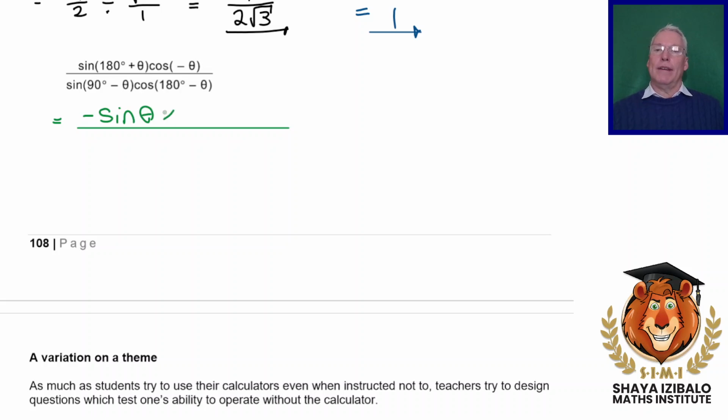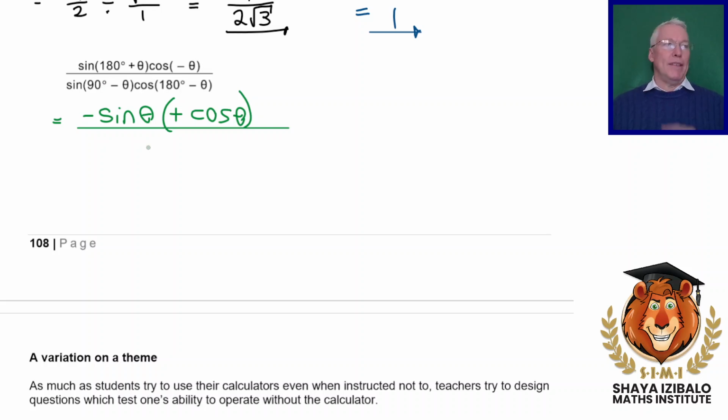Cos of negative theta, I just want to show you something here. Cos of negative theta is positive cos theta. I don't want to write plus cos theta here. The reason being is that this now looks like a subtraction. It looks like we're now adding. It's actually this result times this result. So either write a times sign or put a bracket in.